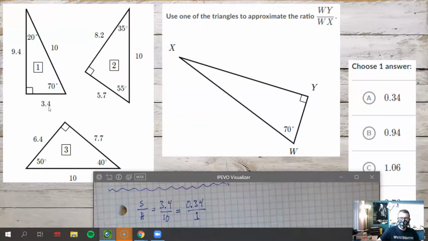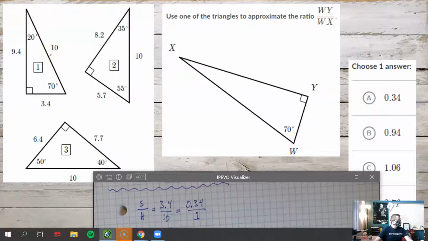But in the 70-degree triangle, 20, 70, 90, we have these consistent ratios of 3.44 and 10. Really, it's 0.34, 0.4, and 1, but we scaled it up to make some better numbers. Now, what would be even better would be 34, 40, and 100, if we wanted to scale these up to integer triangles.